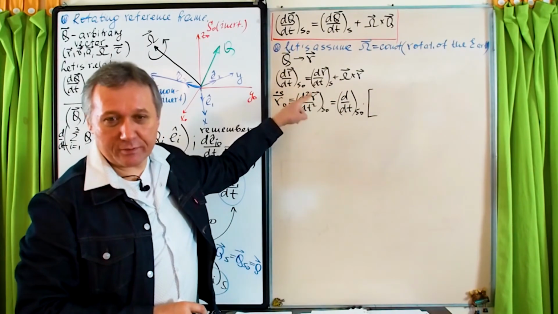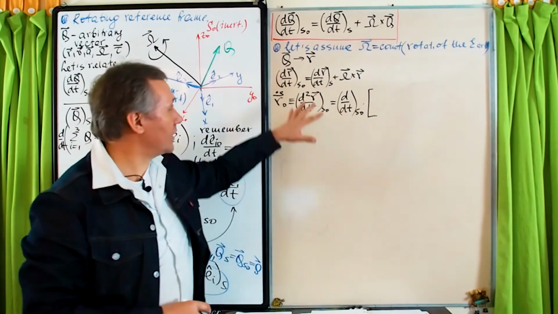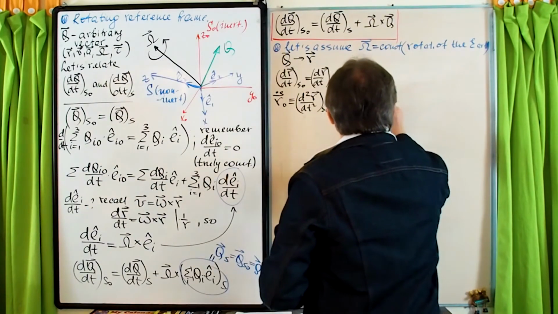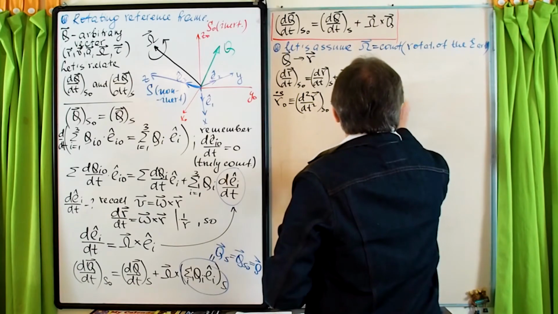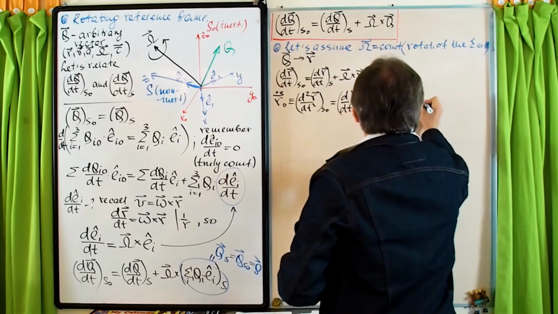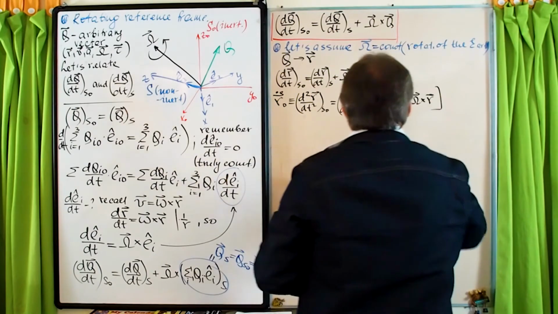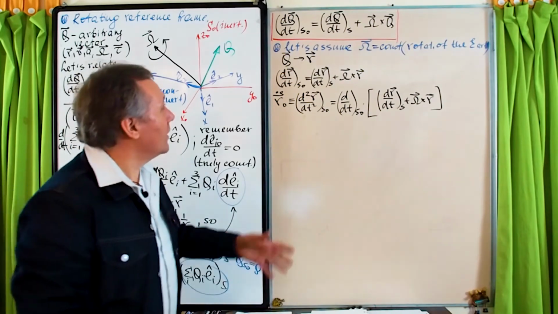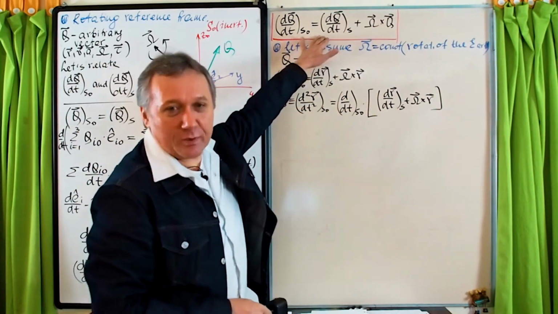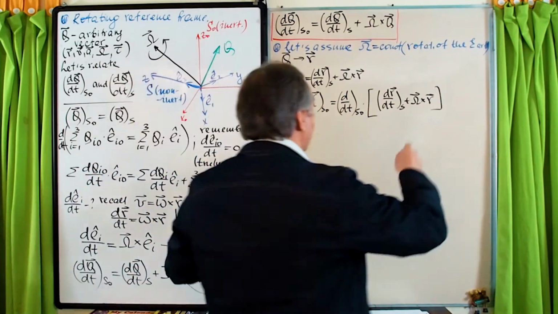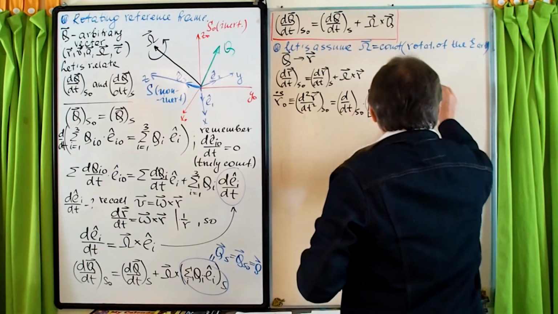So this is the first derivative. Now we need to differentiate one more time. So I will write it: dr over dt in S plus omega cross r. And now we're going to recycle this formula one more time. But for which vector? For this vector.